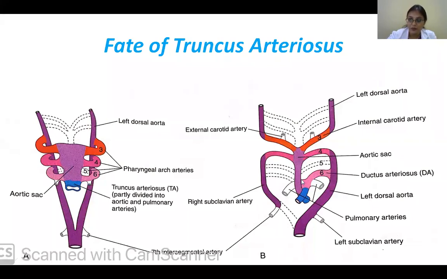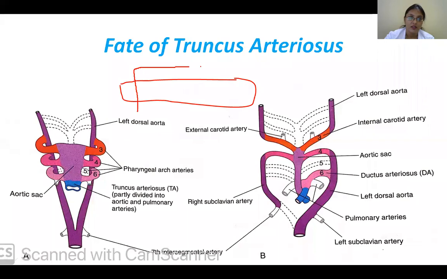So there will be a septum that has to cut this pulmonary trunk, which is connected to your pulmonary arteries. So a wedge-shaped mesenchymal tissue again separates the truncus arteriosus. I'll see if I can draw this or I'll confuse you more. If this is the gut tube, okay? This is the dorsal aorta, and this is the aortic sac, the expanded part.